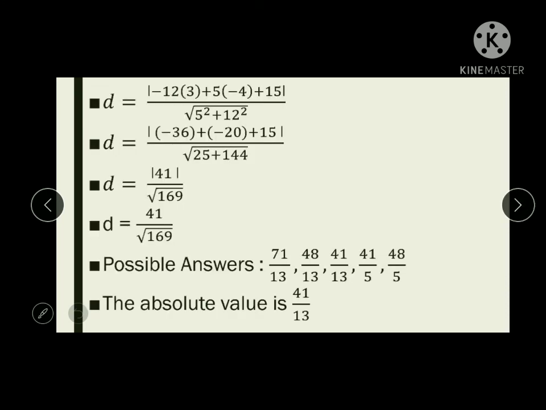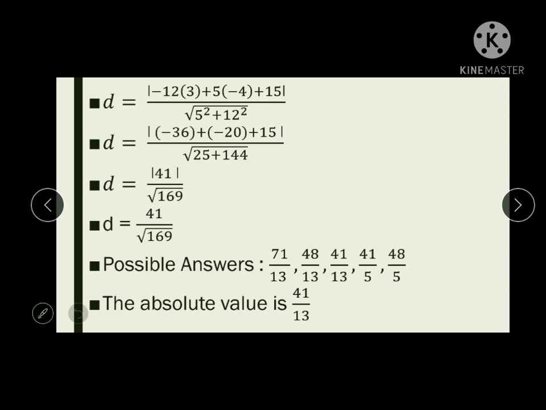D equals the absolute value of A is negative 12 and the value of x sub 0 is positive 3 plus the value of B is positive 5 and the value of y sub 0 is negative 4 and the value of C equals positive 15 all over square root of A squared, the value of A squared is 12 squared plus B squared and the value of B squared is 5 squared.